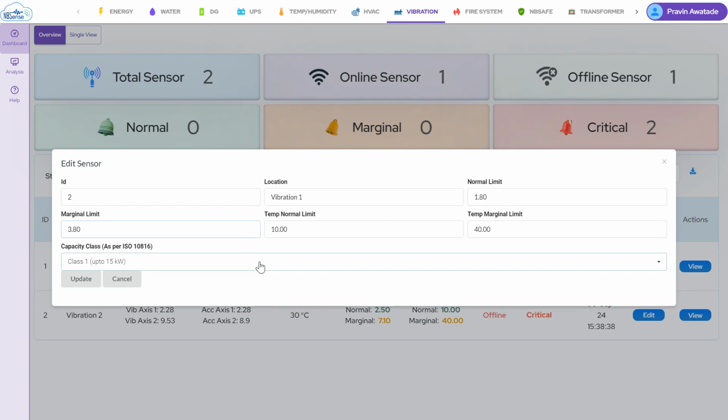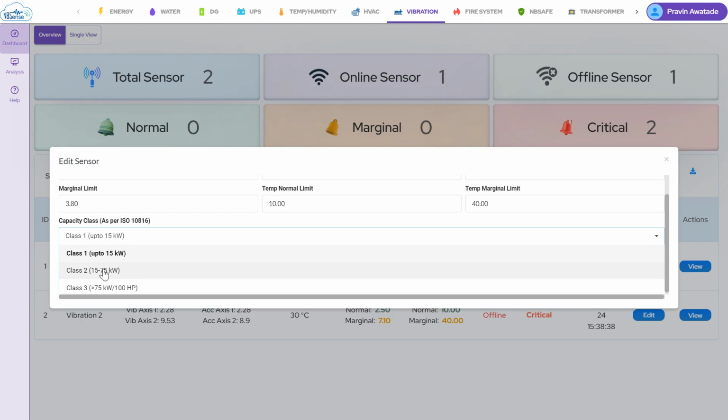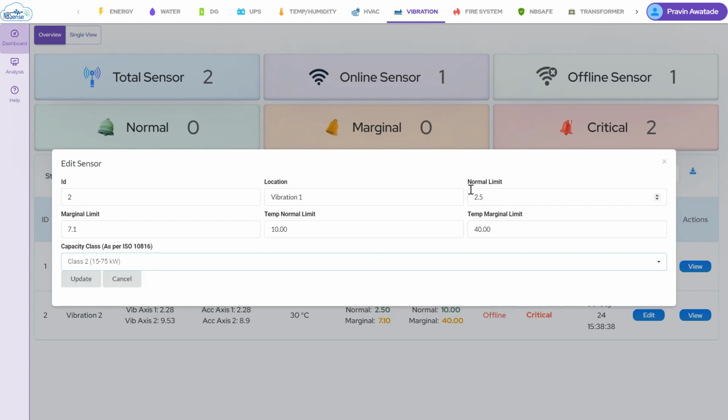On the other side, we already have some ready reference standards, like the ISO 10816 standard. That is for vibration monitoring of rotating equipment or machinery. By default, we can select the class, and as per our class selection, these limit values are set by default. We can even change them manually from here.